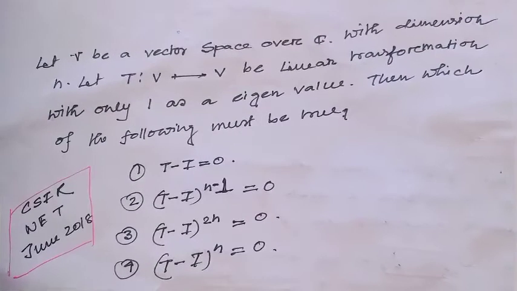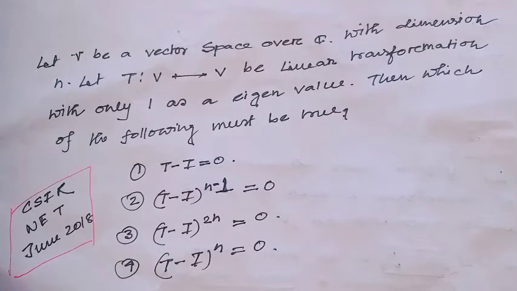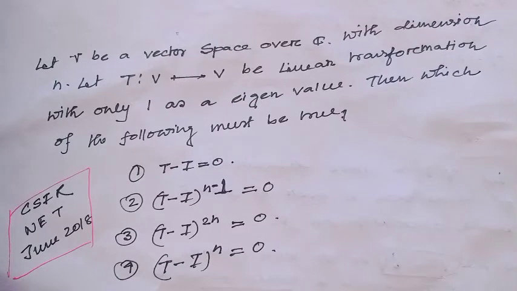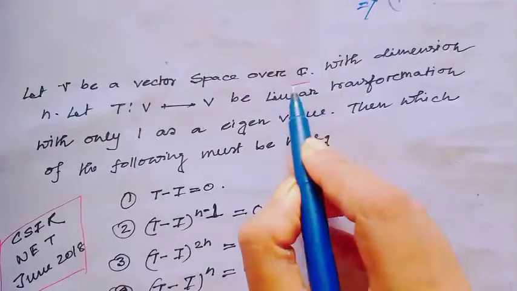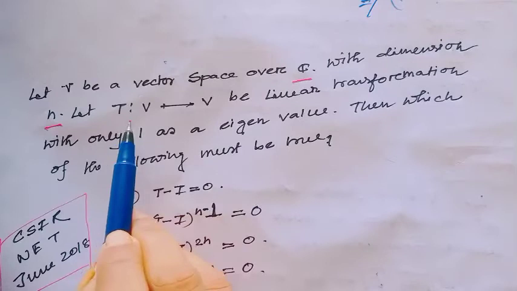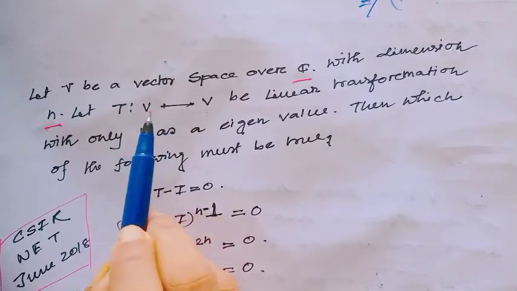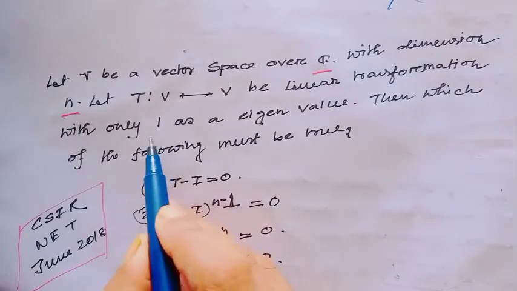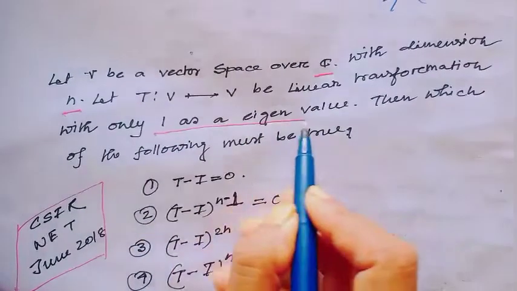Now I will see some examples which came in the CSIR NET exam on this topic. The first example came in CSIR NET June 2018. The question is: let V be a vector space over the field of complex numbers with dimension n, and let T be a linear operator from the vector space to itself with only one eigenvalue, 1.